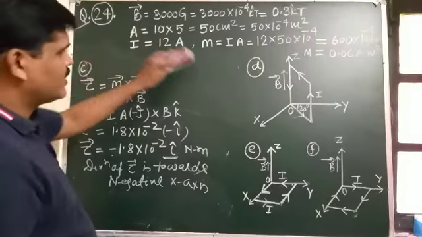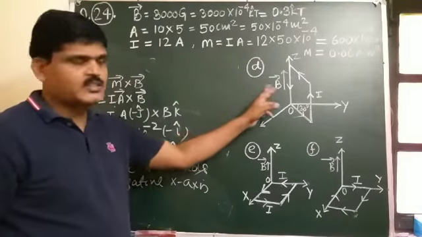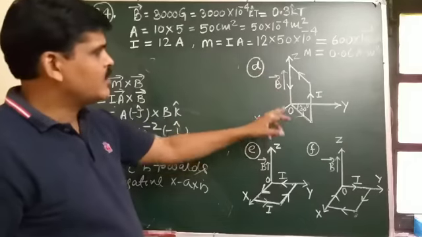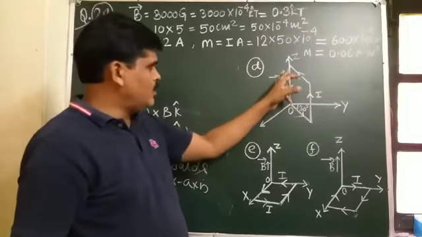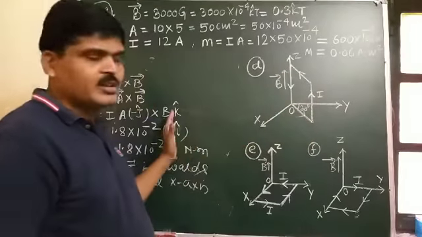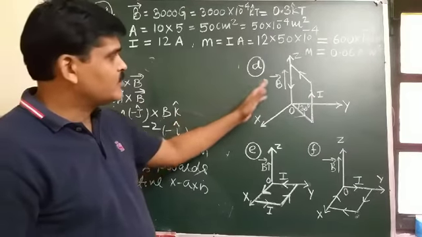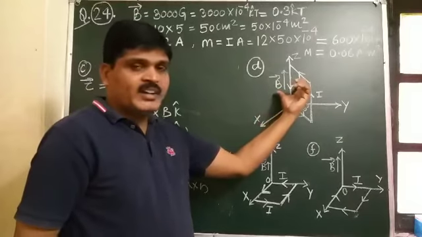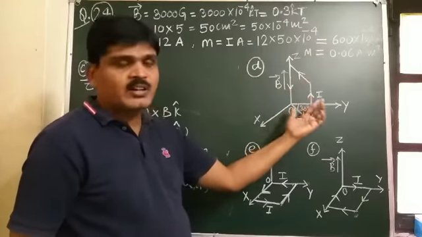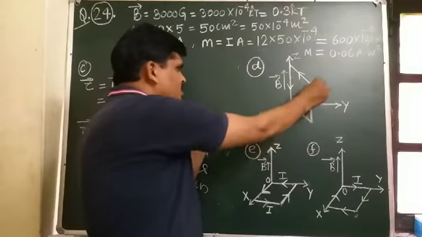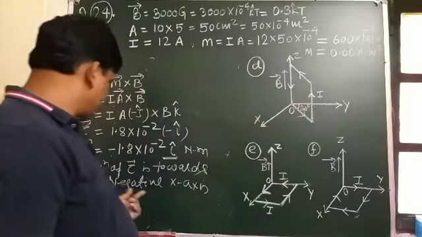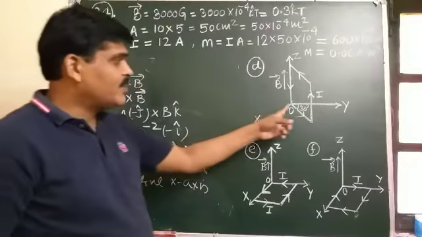And next one, student, see the diagram D. Direction of current is what? Reverse in case of direction of current in part C. So magnitude of torque in this case is the same.